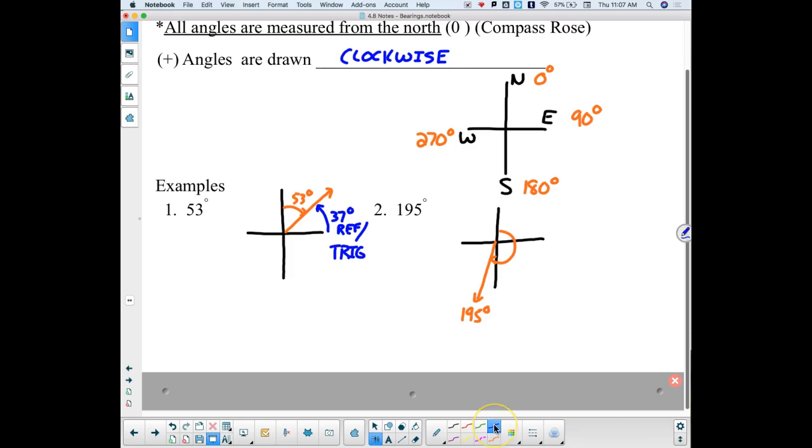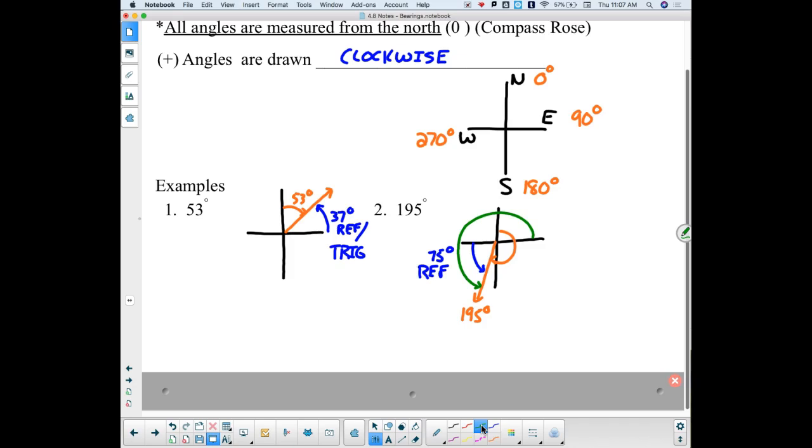It has a 75-degree reference angle. What's 180 plus 75? 265?